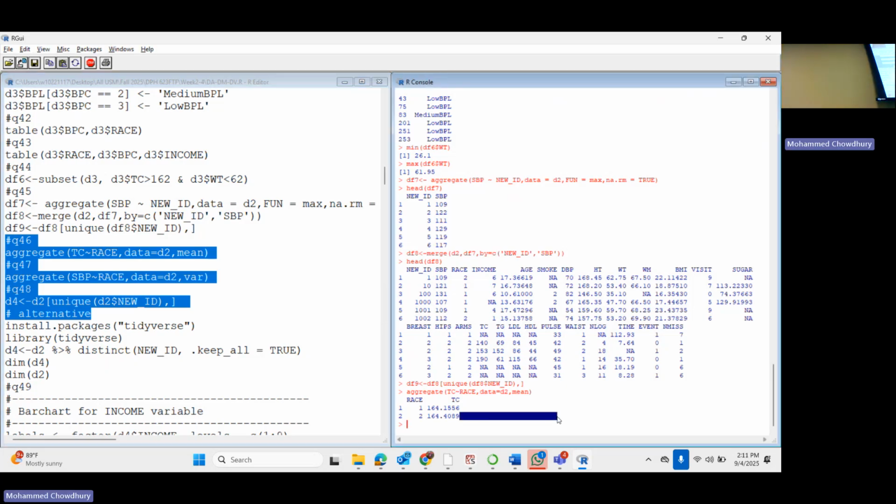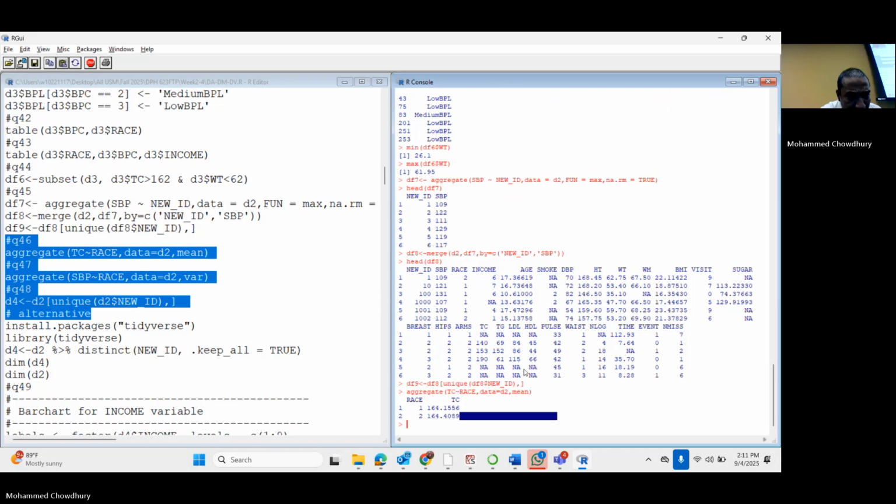I want to find the mean of the total cholesterol by race. Total cholesterol mean for the Caucasian is 164.15. Mean of the total cholesterol for the African American is 164.48. This is called the aggregate function.